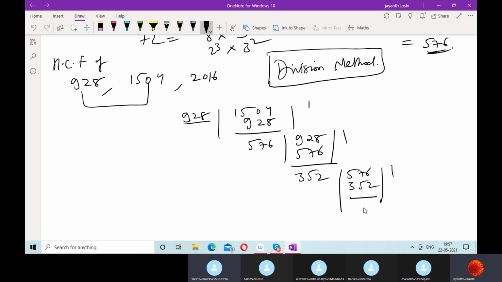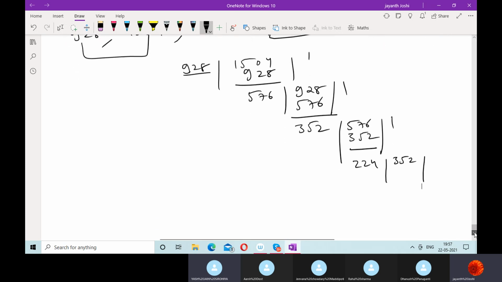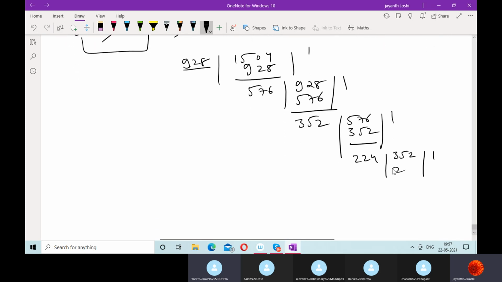Again, what's the remainder? What's the divisor? What's the remainder? 128. What's the remainder again? 96.